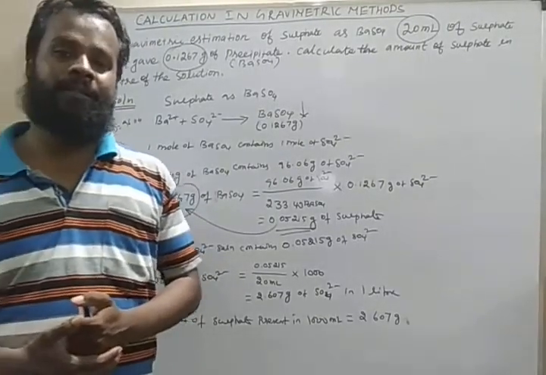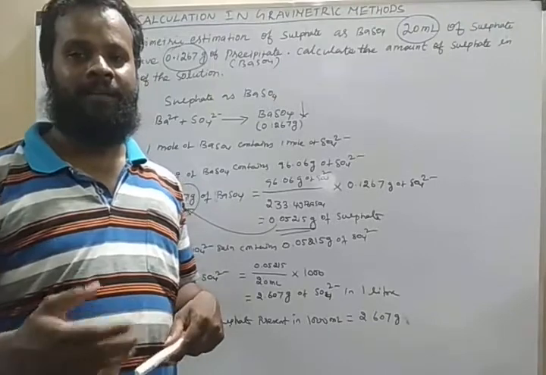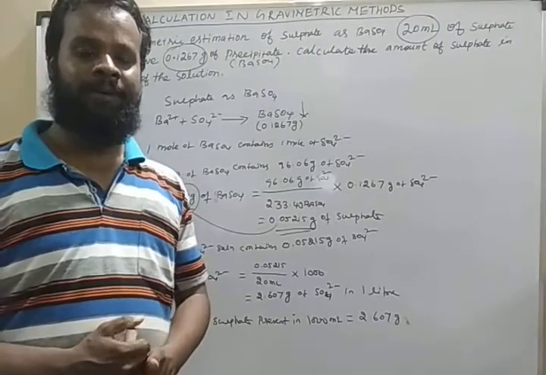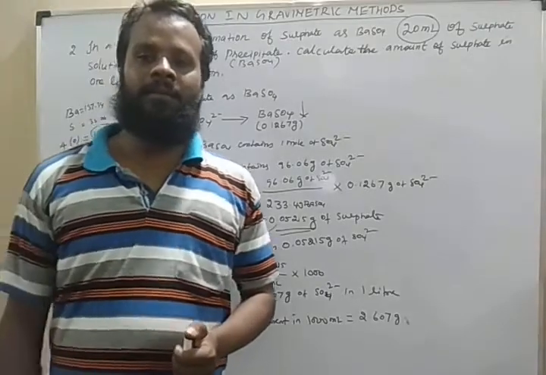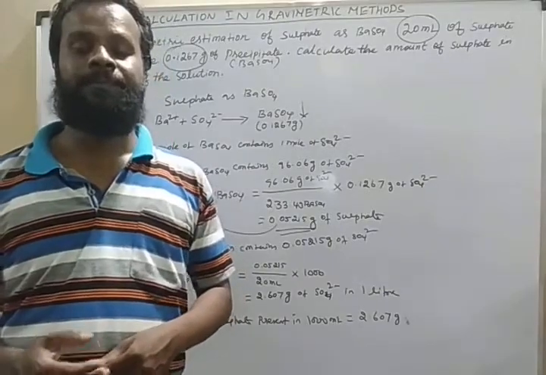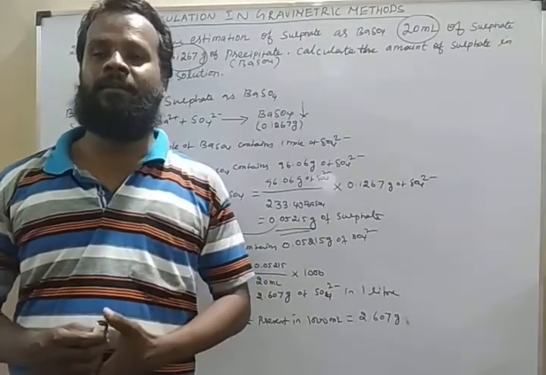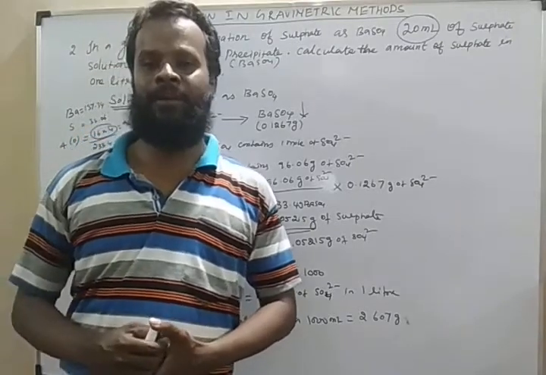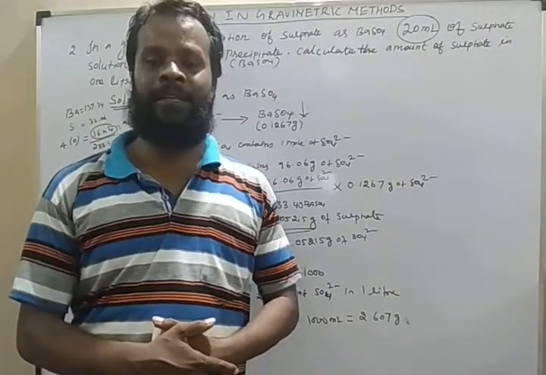Now let us discuss another topic, that is applications of gravimetric analysis. In our syllabus they have given, we are going to discuss these applications: detection of potassium ion, and the separation of copper and cadmium, and then we have estimation of nickel using oxide, that is the precipitating agent, and estimation of aluminium using oxide as the precipitating agent.